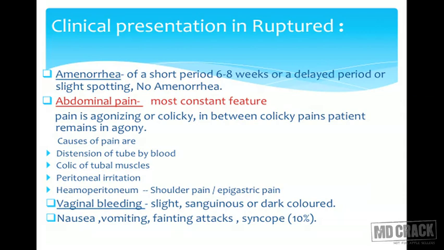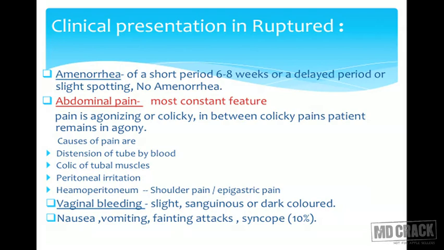Vaginal bleeding, the third symptom of the triad, can be slight, sanguinous or dark in color. Along with these three symptoms, there can be nausea and vomiting as an early symptom of beta-hCG secretion because of the pregnancy. There can be fainting attacks or syncope in 10% of patients. Because of the peritoneal irritation, the patient may give a history that she had a fall or a syncope.